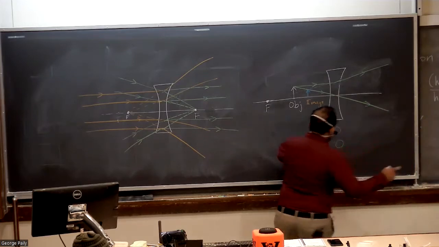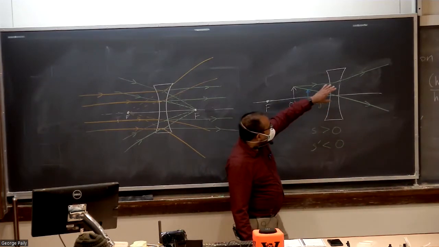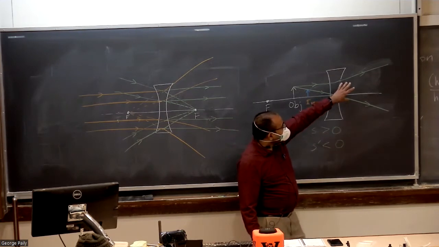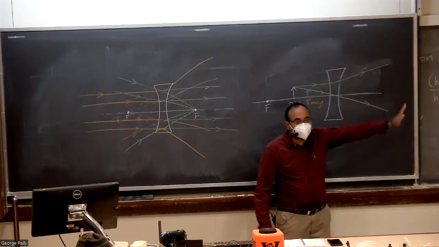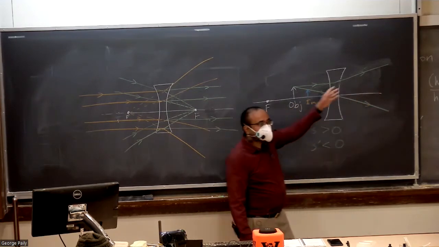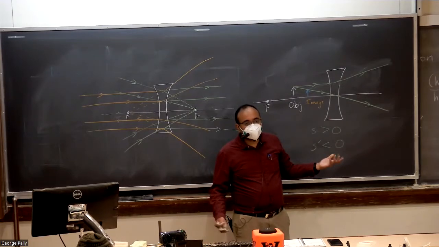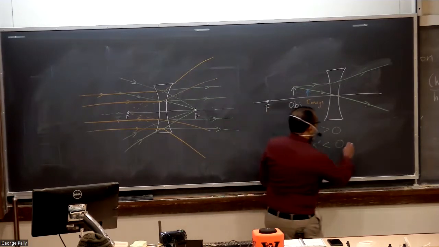And so this sort of explains why we know that it's going to be a virtual image, because the fact that S prime is negative means that the image wasn't on the side of the outgoing rays. So that means the outgoing rays didn't meet, that you had to trace them back in order to form an image, right? Which only happens with a virtual image. And so the fact that S prime is negative tells us that, oh yeah, it's a virtual image.